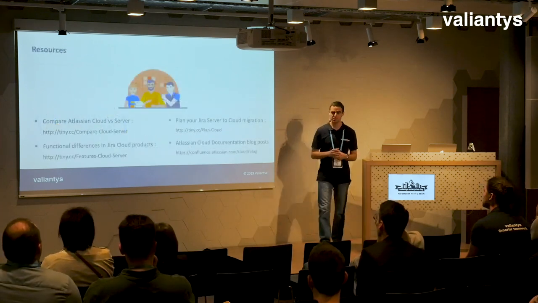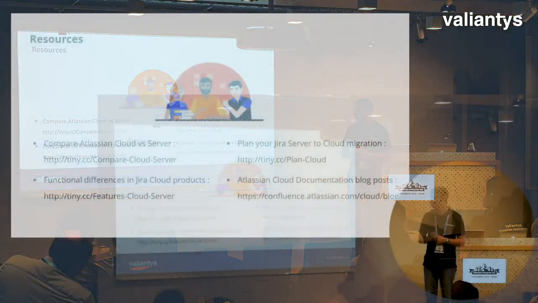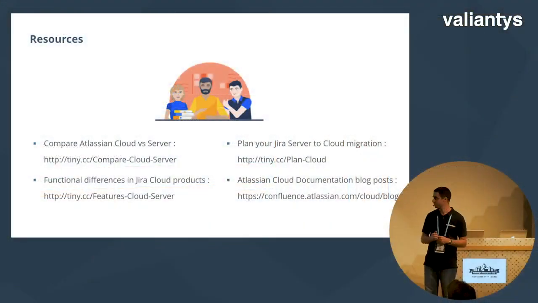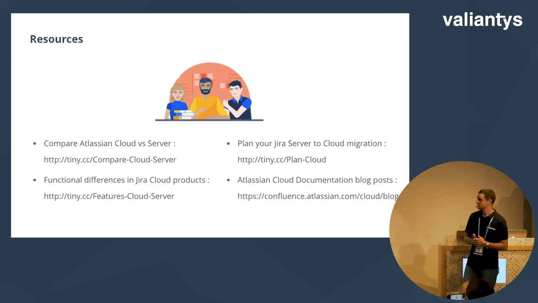I'm going to leave you with some resources that will help you compare the two. The first one is a bit more technical. They're all Atlassian links. So to compare the cloud and server, a bit more technical. The next one covers the functional differences between the cloud and the server. What's available on the cloud and what's available on the server, or how do they differ between the two?